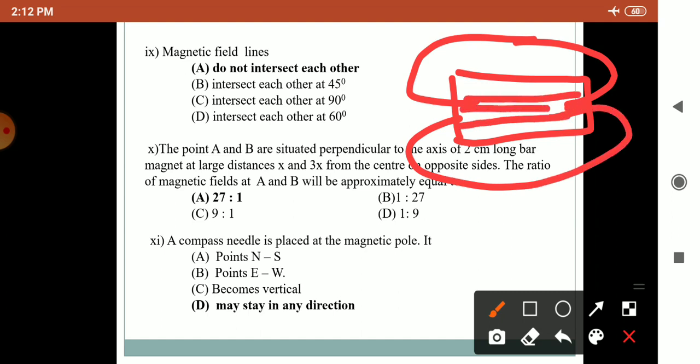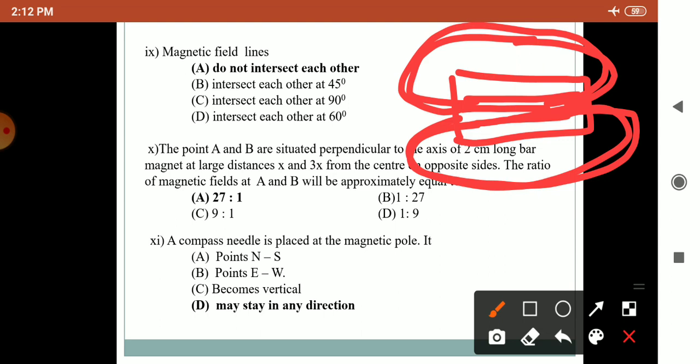They are parallel to each other, and this gives the complete path from start to end. It starts from the north pole and ends on the south pole. So suppose this is the north pole, then it will start from here and end on the south pole. Like this, they will not intersect each other.